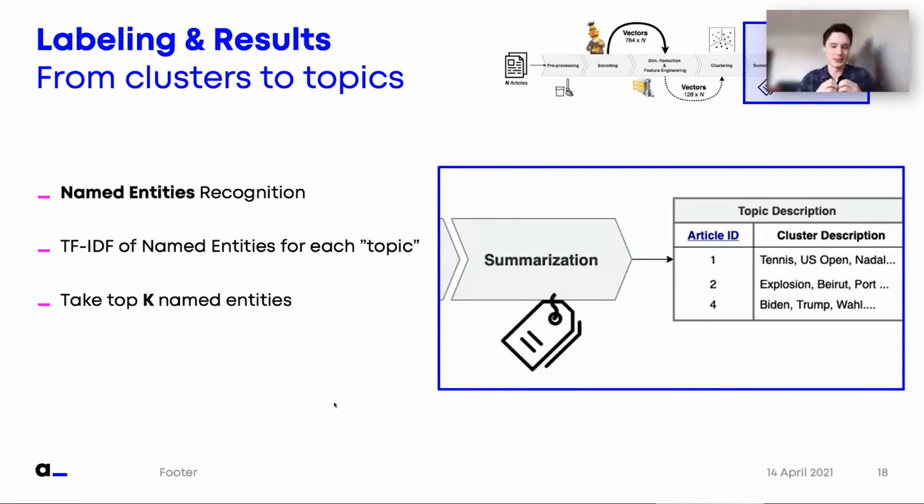As a result, we end up with a long list for every cluster, on which we then apply TF-IDF in order to select the most meaningful words describing a cluster, which we then store in our database to use further in a downstream application.